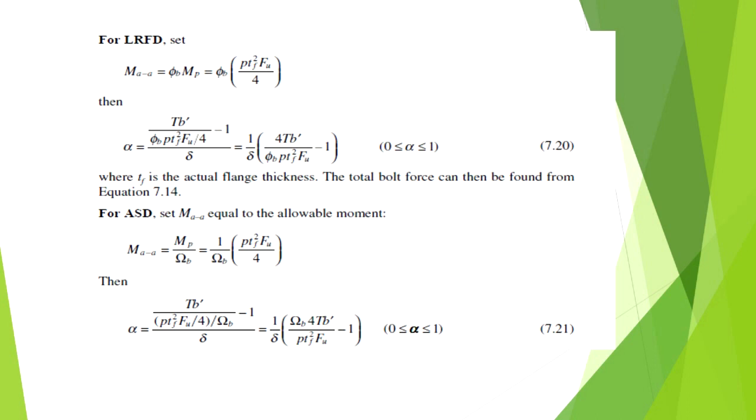Where t f is the actual flange thickness, the total bolt force can be found from equation 7.14. For ASD, set M sub A to A equal to the allowable moment, M sub A to A is equal to 1 over omega times p times t f squared F u over 4. Then alpha is equal to 1 over elongation times omega 4 T B prime divided by p times t f squared F u minus 1.